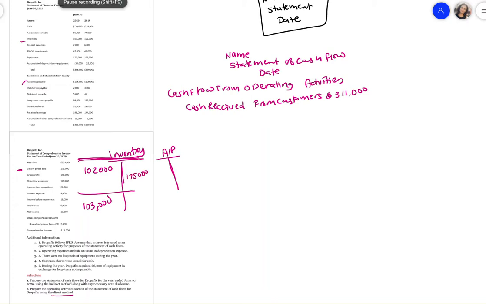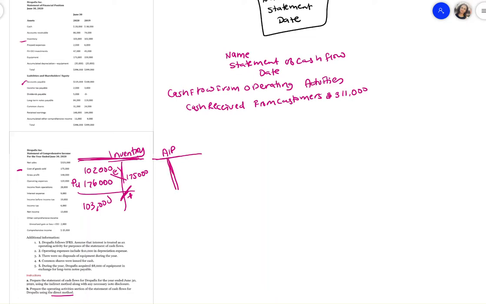How can we sell 175,000 if you don't have that? So we have to purchase it first. In order for us to do it, you add these two numbers and whatever is the total, minus that from. So 103,000 plus the 175,000 minus your 102,000 will give you your purchases. So in this case, 176,000 is your purchases.